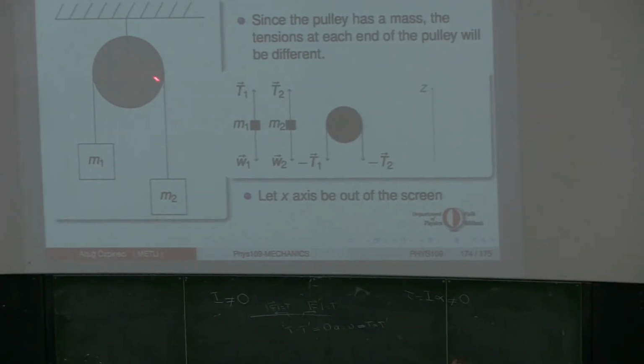But since they are acting at equal distances with the same angle from the center, if the tension on the left and the tension on the right are equal, then they wouldn't create any torque acting on my system. So I should have some difference in the tensions on the left and on the right of my pulley, so that that difference will create some torque.